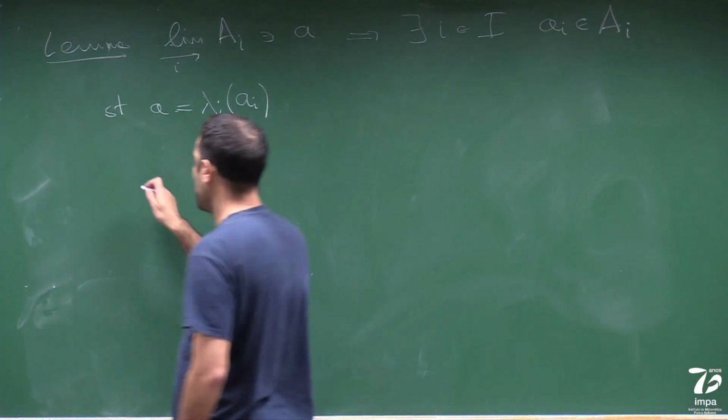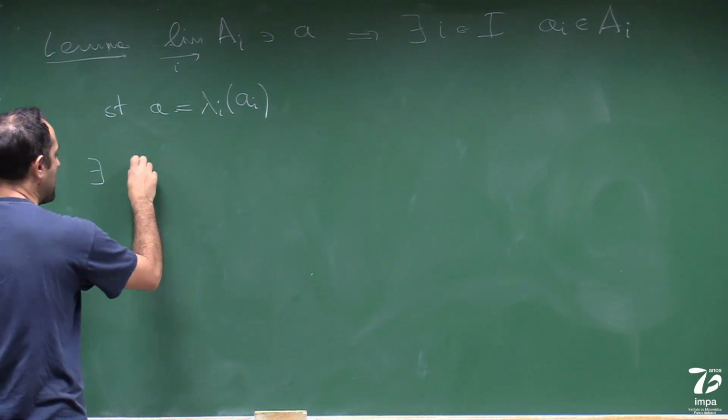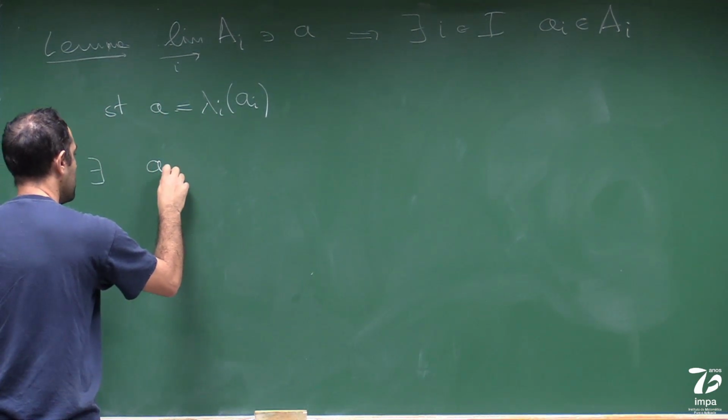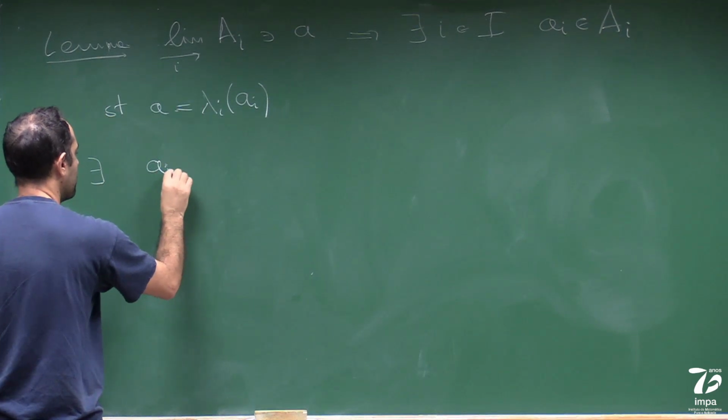So there exists a collection of elements, let's say A_j.